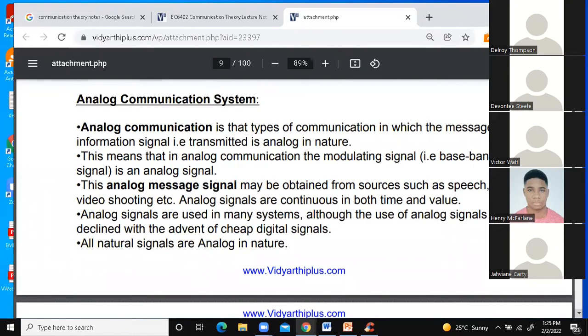Analog signals are used in many systems, although their use has declined with the advent of cheap digital signals. All natural signals are analog in nature.